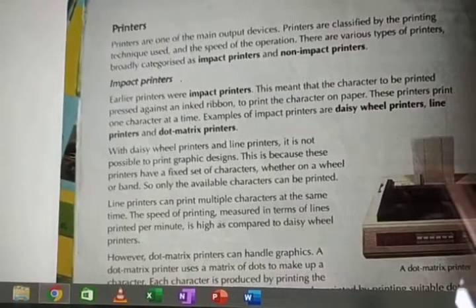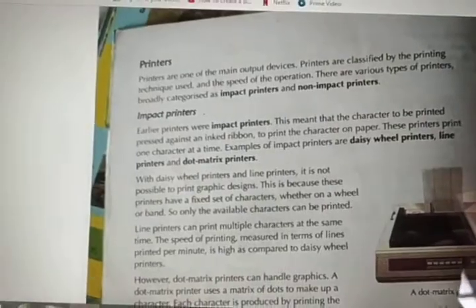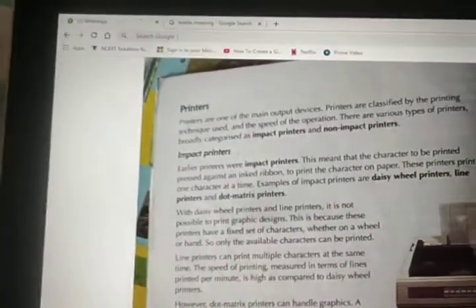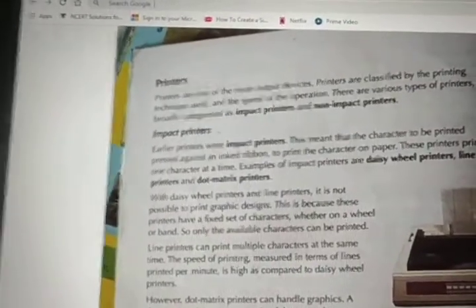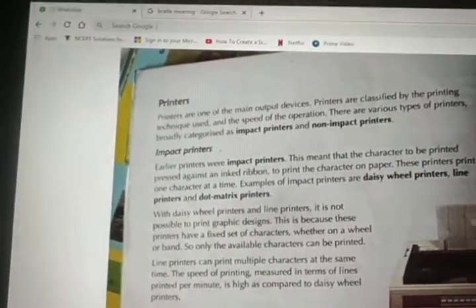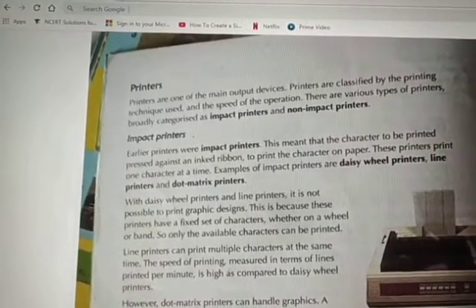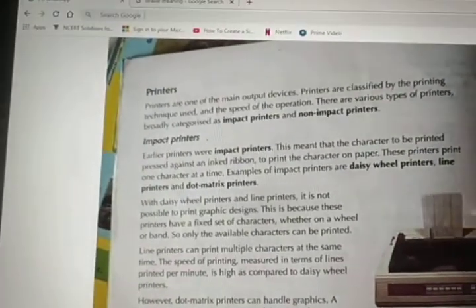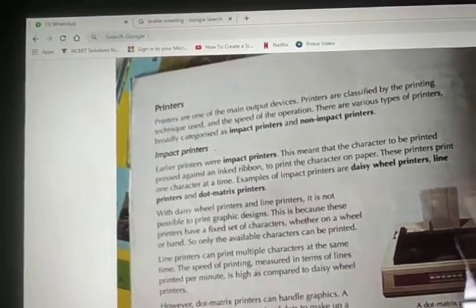What does a dot matrix printer do? It uses a set of dots to make up or draw a character.